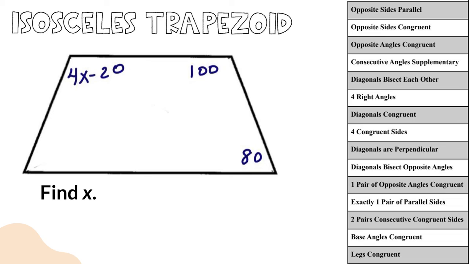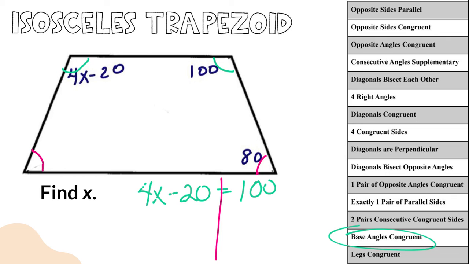For my isosceles trapezoid, I know that the base angles are congruent. So this angle is congruent to the 80 degrees, and this angle is congruent to the 100 degrees. So since I know that my base angles are congruent, I will set those equal. 4x minus 20 equals 100, and then go ahead and solve.